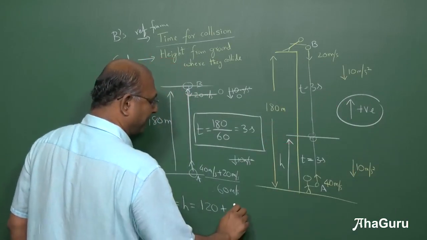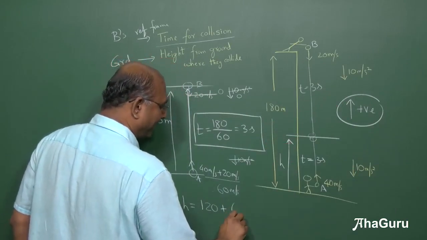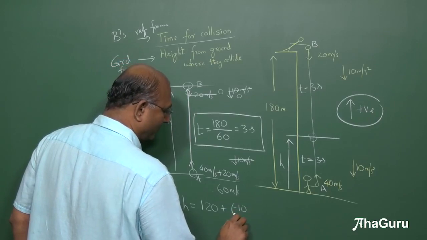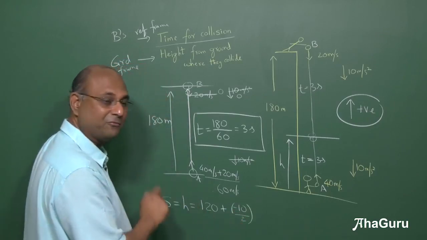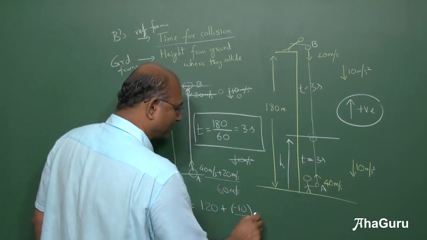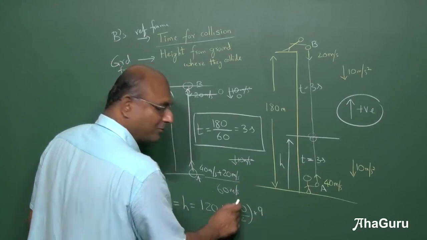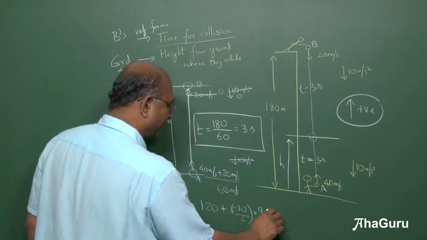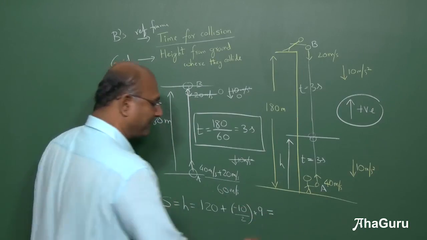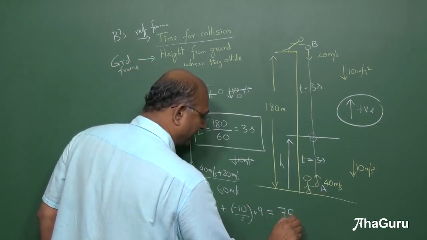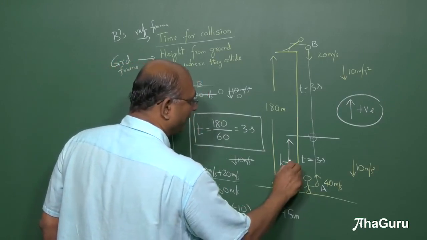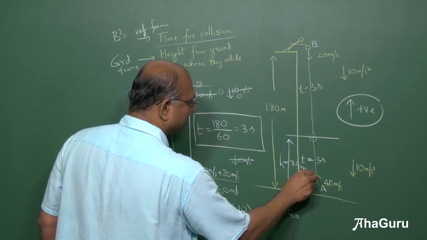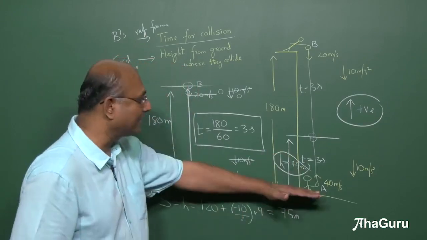So half into a will be minus 10 into half, so minus 10 by 2, which is 5, into time square, so t square, that is 9. So this is how much? 5 into 9, 45. So 120 minus 45 is equal to 75 meters. So these two fellows collide 75 meters above the ground.